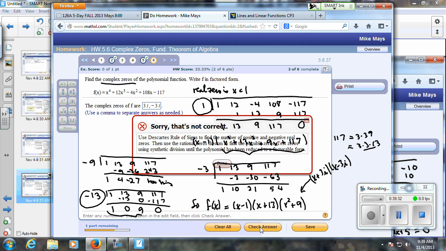So let's see. What did I do wrong? x squared plus 9.